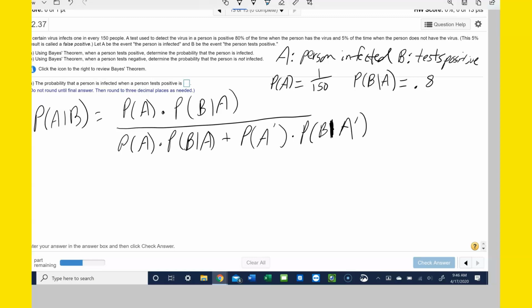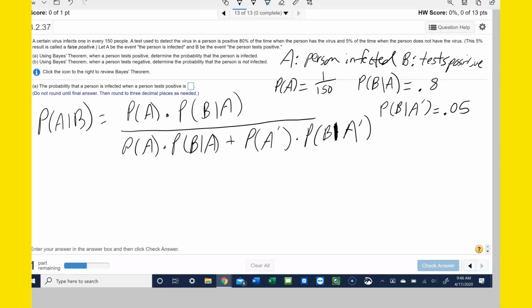That's B given A. And 5% of the time when the person does not have the virus. So that's the probability of B given not A, it tells me, is 0.05 in my problem. That's the false positive. Alright, then it says, using Bayes' theorem, when a person tests positive, determine the probability that the person is infected.